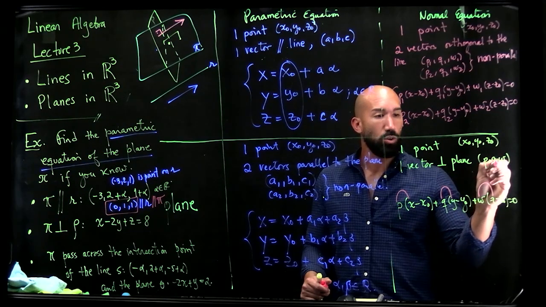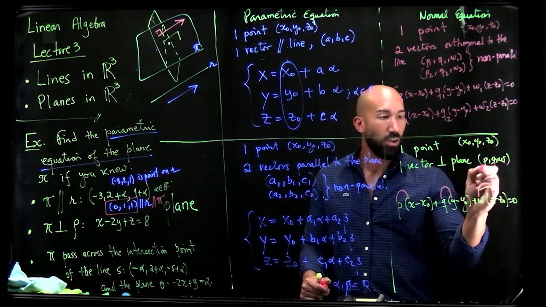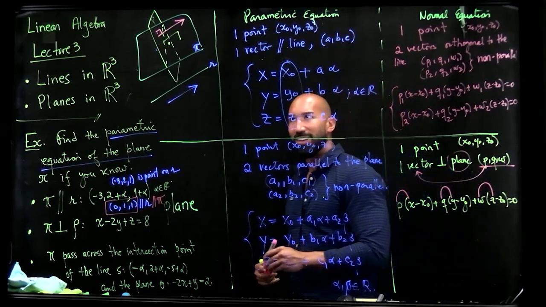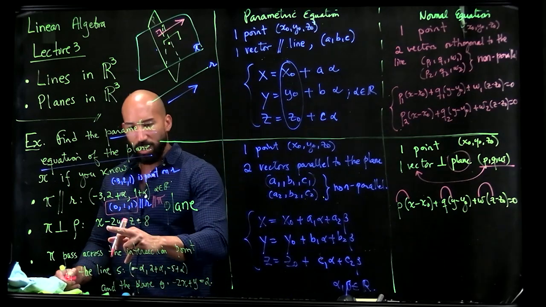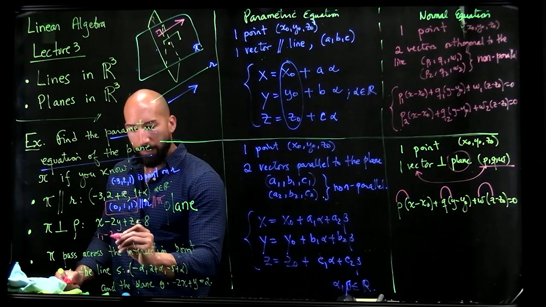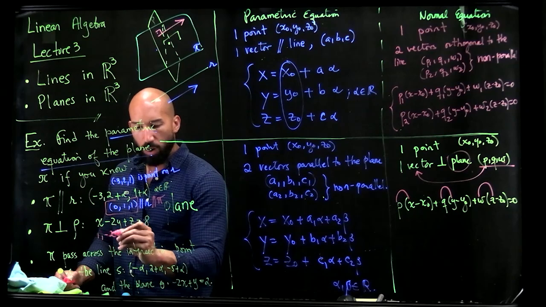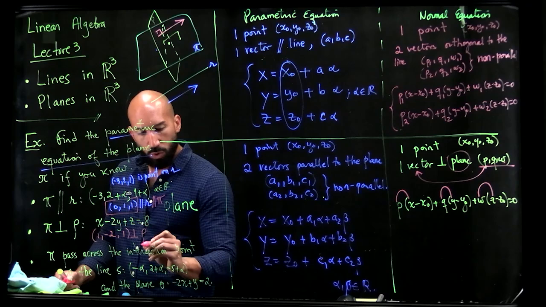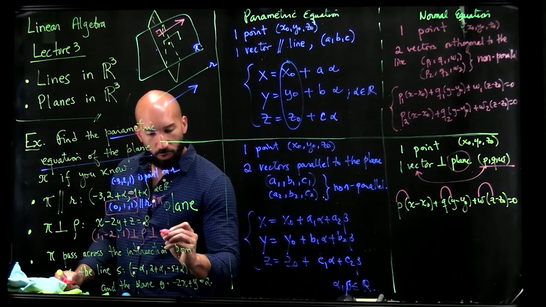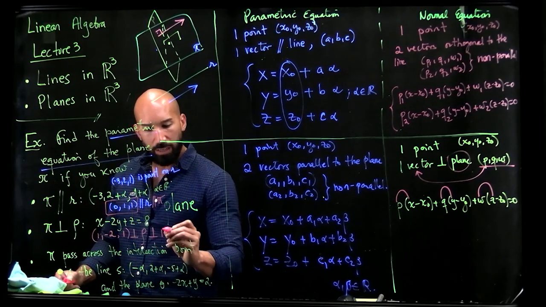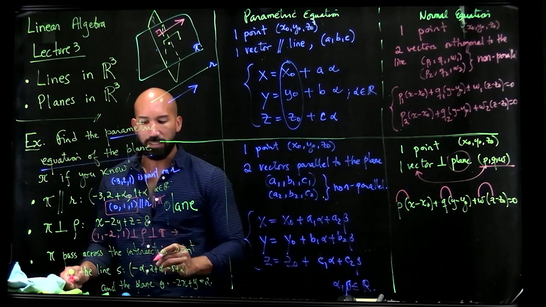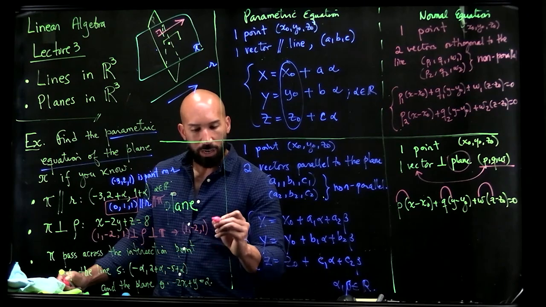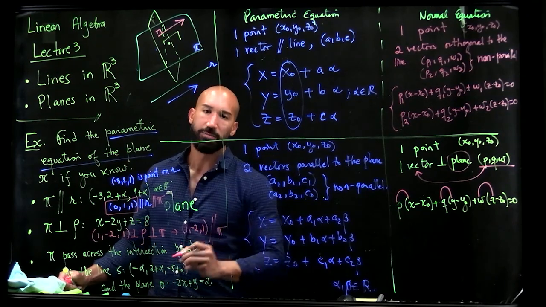But p, q, w are the components of a vector that is orthogonal to the plane. What I know here is that (1, -2, 1) is orthogonal to rho, but rho is orthogonal to pi, which implies that (1, -2, 1) is parallel to pi.